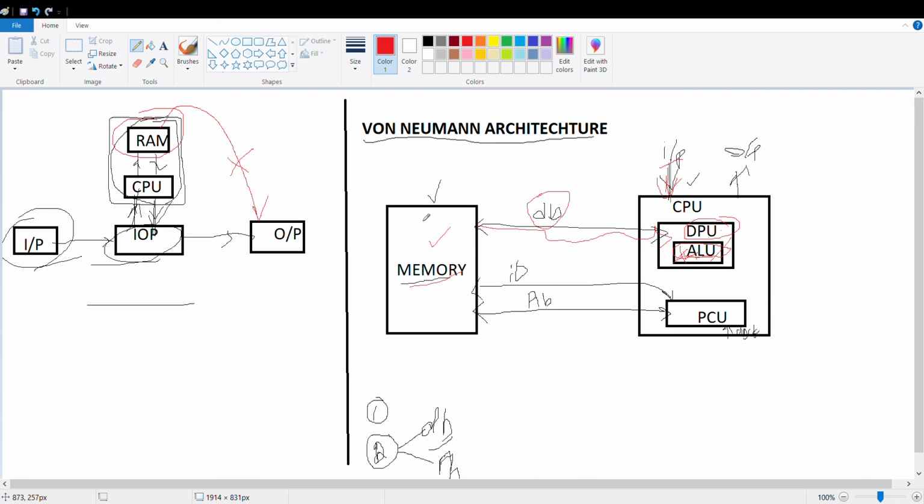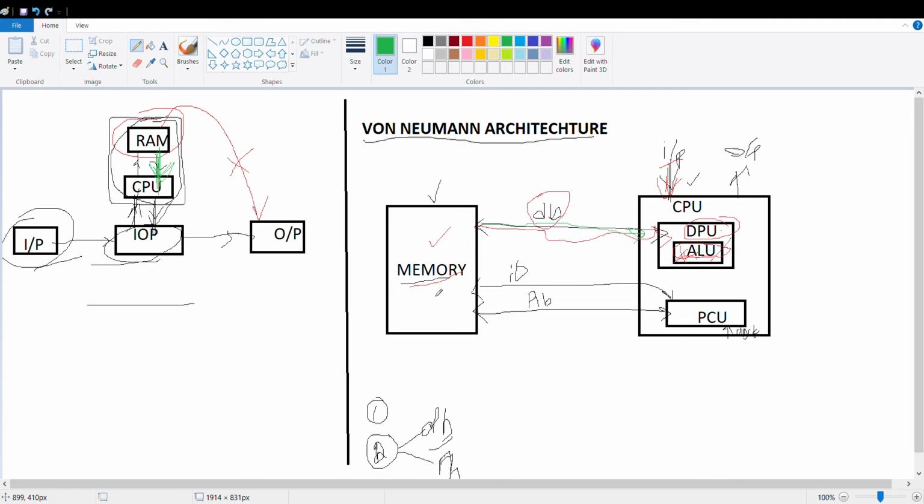So let me use another color, let me use green. It has to give it to the CPU. It cannot directly give the output, so the bus line should be used so that it comes back.